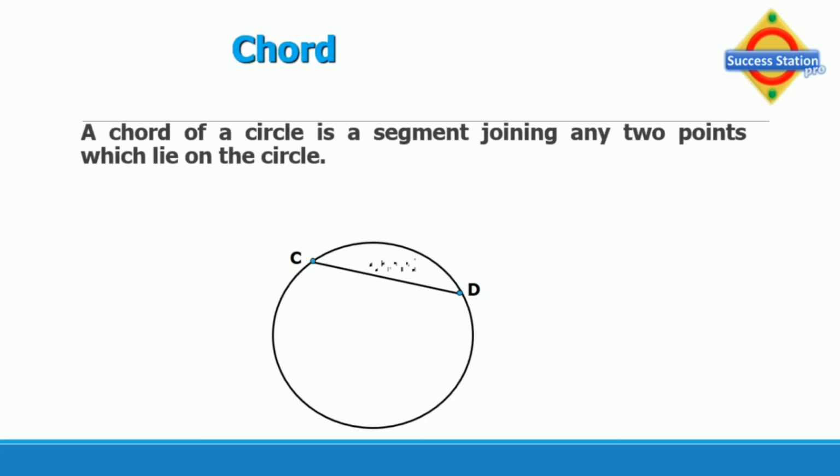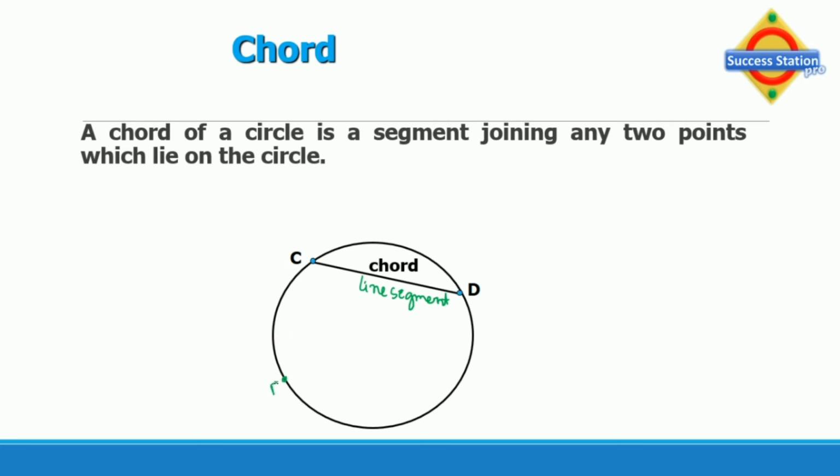Now what is a chord? You can see C is also a point on the circle, D is also a point on the circle. If I join both these points by a line segment, then this CD will be called a chord of the circle. This is what a chord is. You can join any 2 points on the circle.